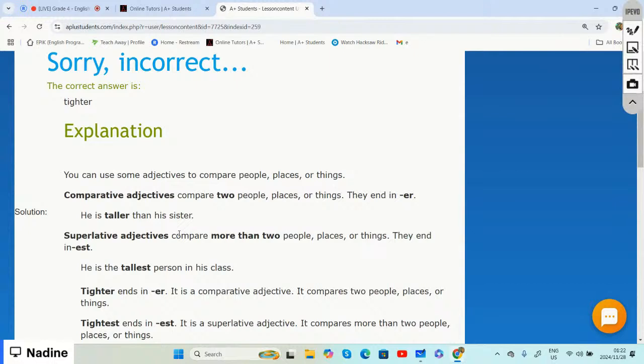And we have adjectives that compare people, places, or things. And we said we have a comparative adjective which compares two people or two places or two things.